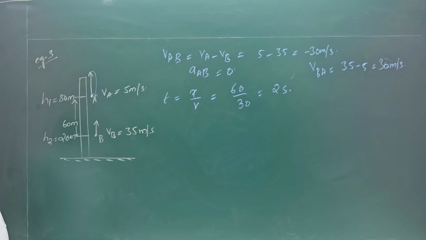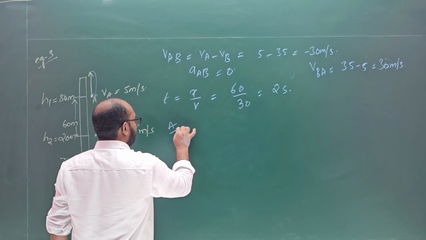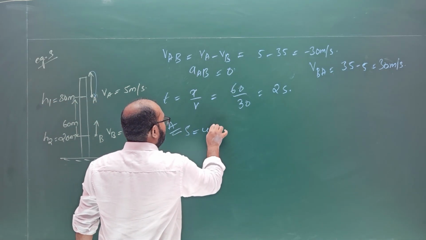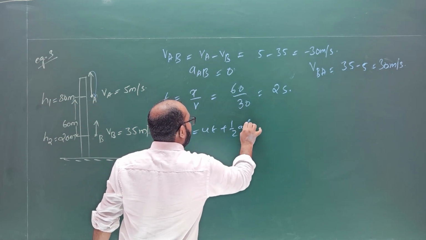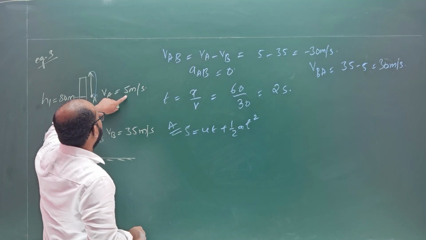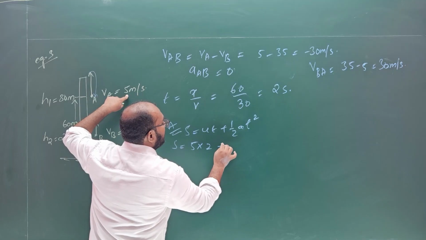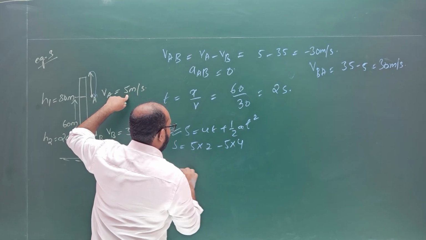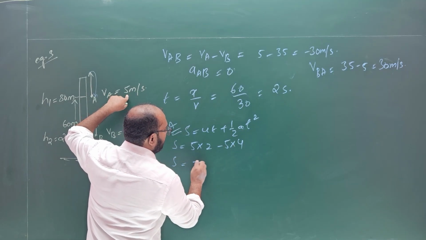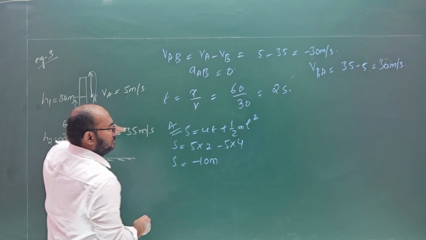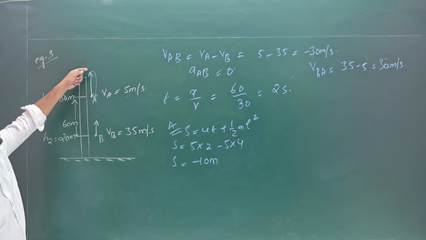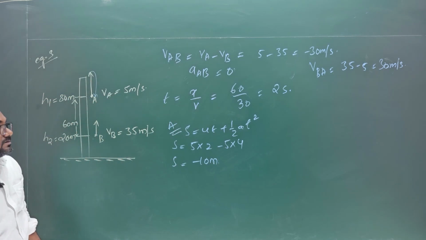Now for A, S is equal to ut plus half at square, nothing can be cancelled out. This one is moving in the upward direction, so S is equal to 5 into 2 minus 5 into 4, so you got minus 10 meter. Definitely the object is coming in the downward direction.